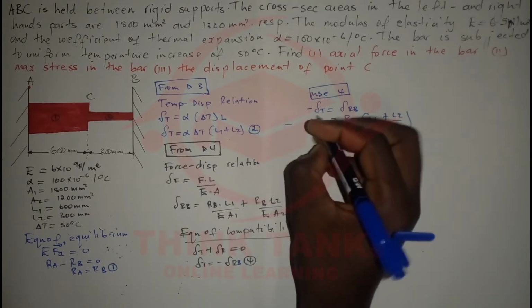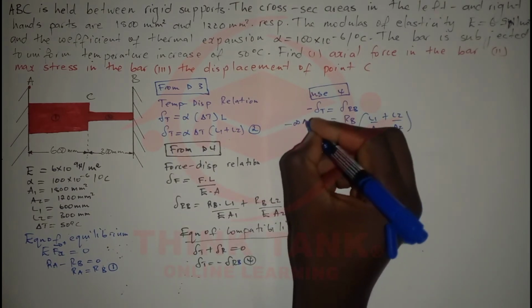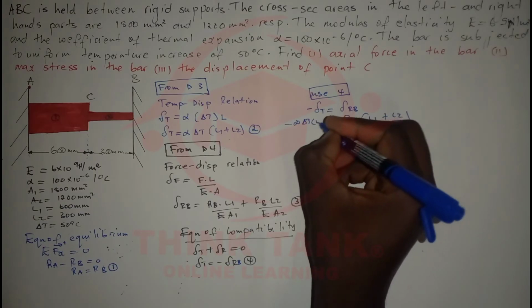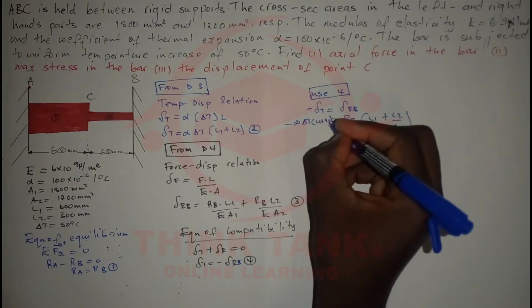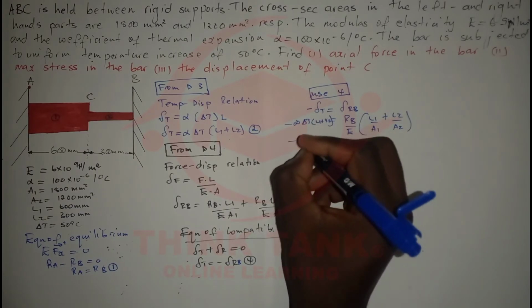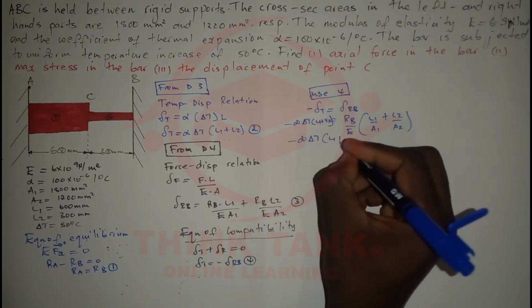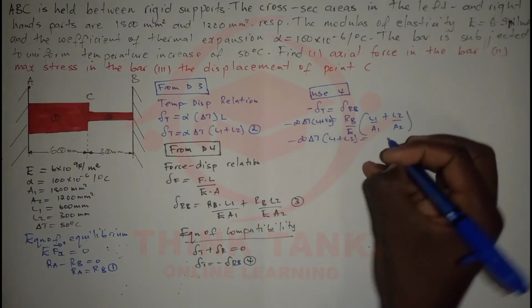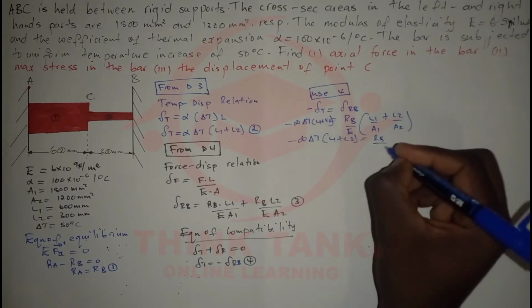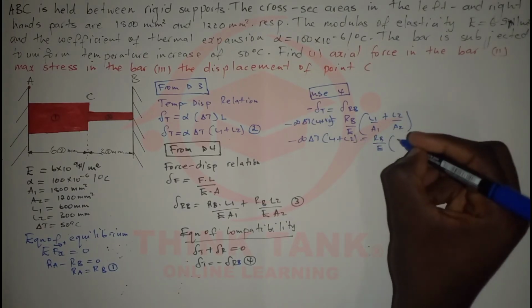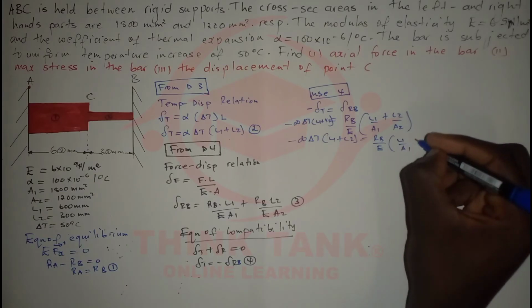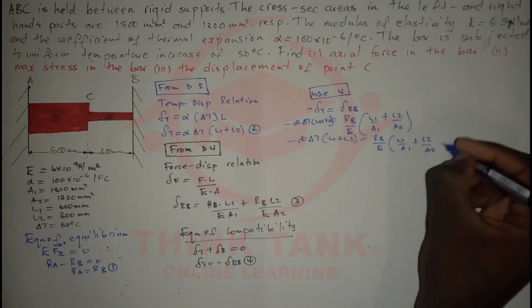It's going to be negative alpha, change in temperature, and L1 plus L2. Let me write it clearly: alpha delta T times L1 plus L2 is equal to RB over E times L1 over A1 plus L2 over A2.